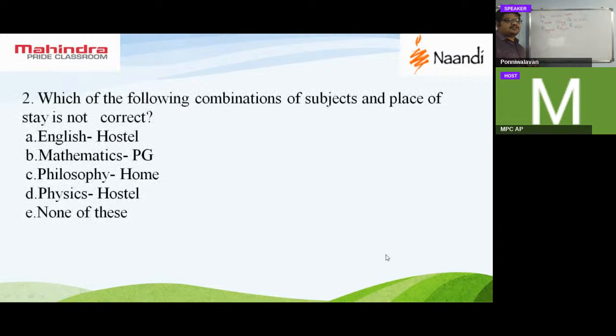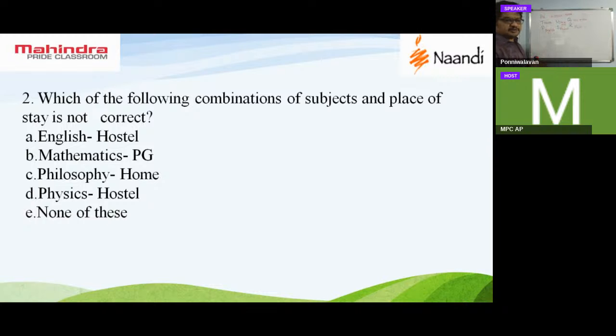Let's find this. Which of the following combinations of subject and place of stay is not correct? English, hostel. No, English is staying in PG, so the first option is wrong. Then check mathematics, PG.